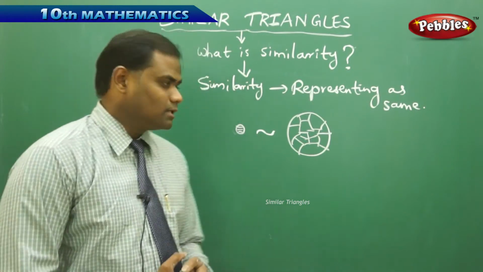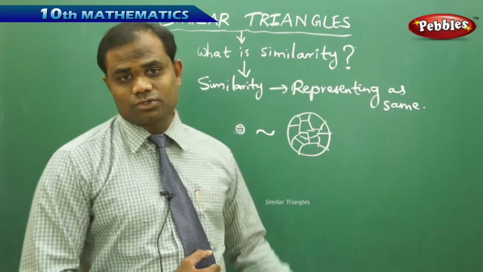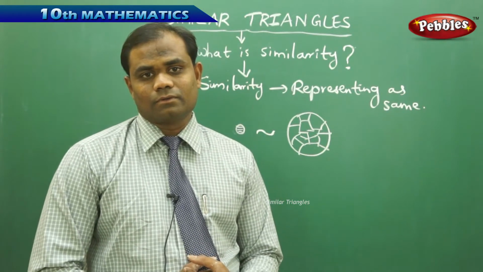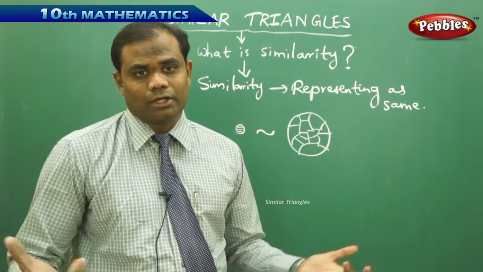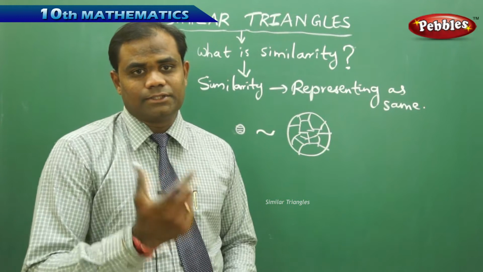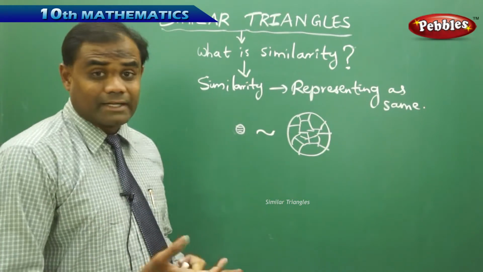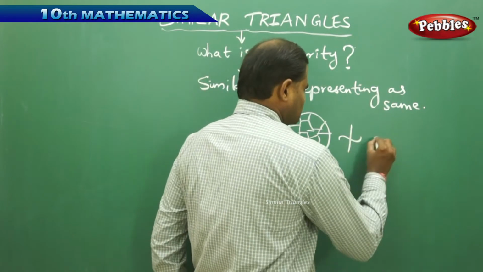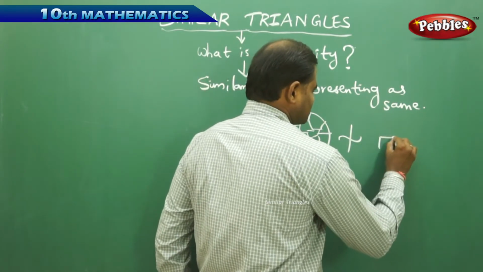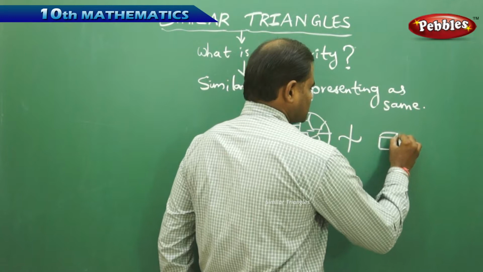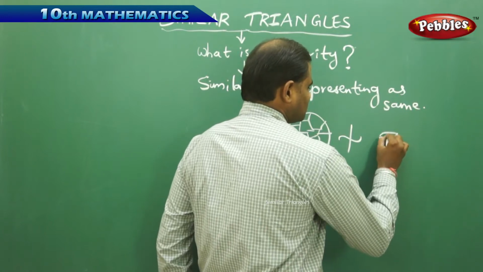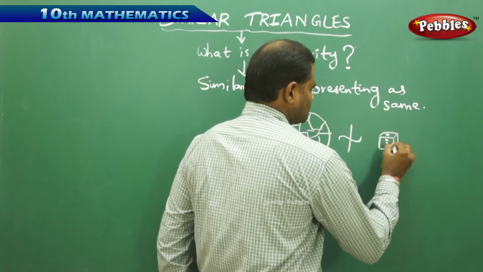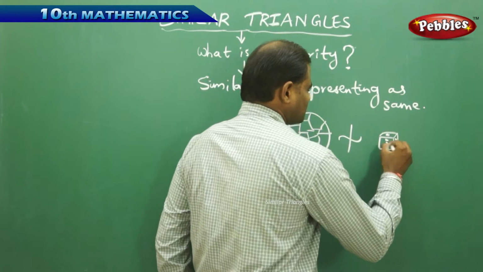So what makes me define the two objects to be similar? Why not a cuboid? Or when I take a dice, why is a cricket ball not similar to a dice which we use in games?